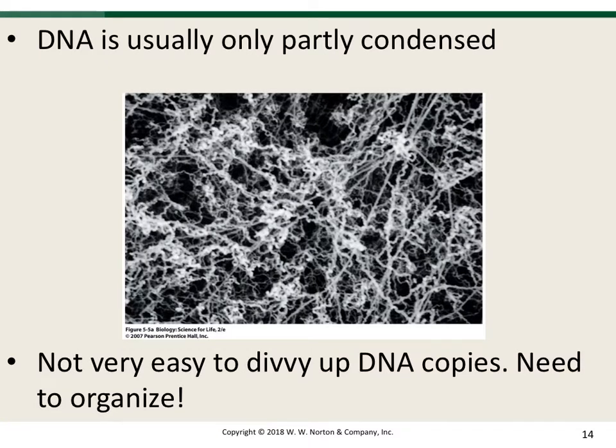DNA is usually either uncondensed or only partly condensed in the nucleus, because if it's all locked up in tight packaging, the genes cannot make copies of themselves into RNA and then transfer that out into the cell cytoplasm and make proteins. So they start to partly condense during S phase. They fully condense for mitosis.